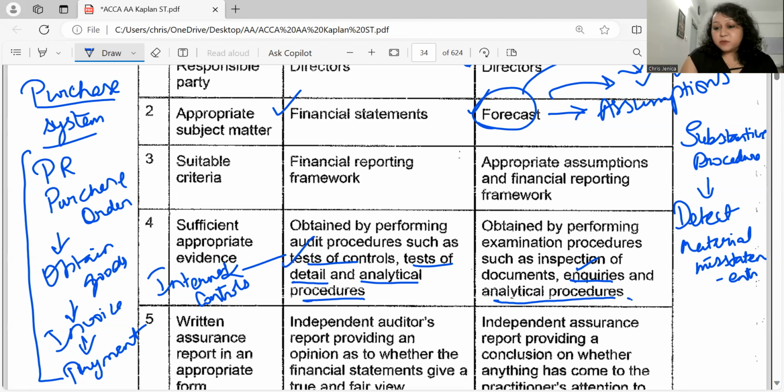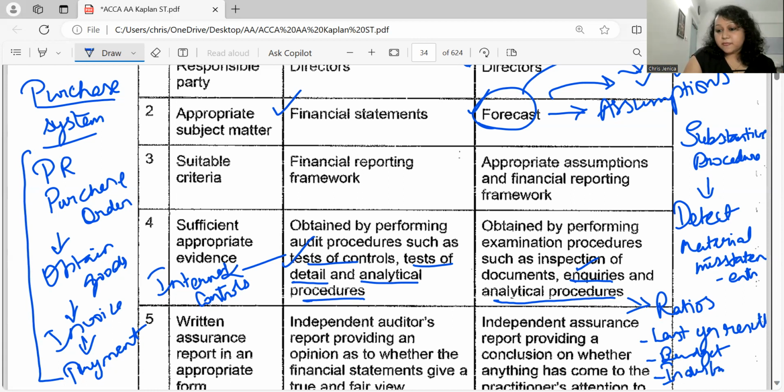What is analytical procedure? Analytical procedure is going to tell you the plausible relationship between the financial data and the non-financial data. For example, in short, it's going to be calculation of ratios. We'll be calculating ratios and then comparing it with the last year's budget or this year's budget or last year's results, or we can even compare with the industry standards.